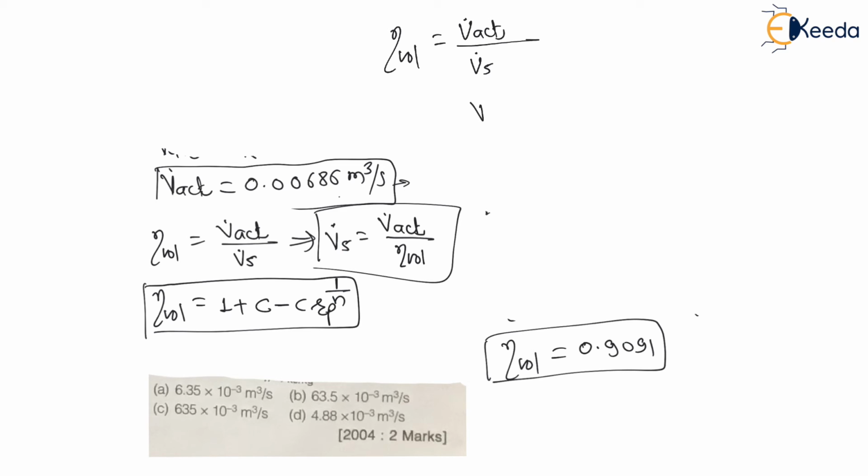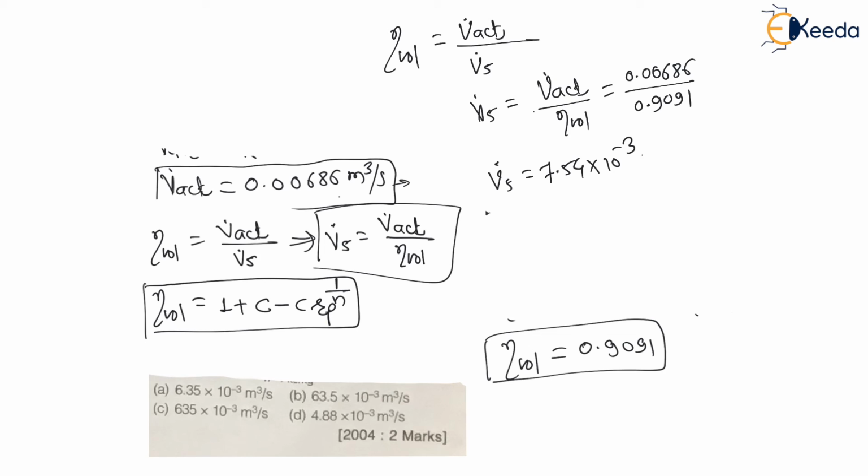Therefore, swept volume flow rate is equal to actual volume flow rate divided by volumetric efficiency, which is 0.00686 divided by volumetric efficiency 0.9091, right? And if I simplify this, the answer for this question will be 7.54 into 10 to the power minus 3 meter cube per second. This will be the result, right?